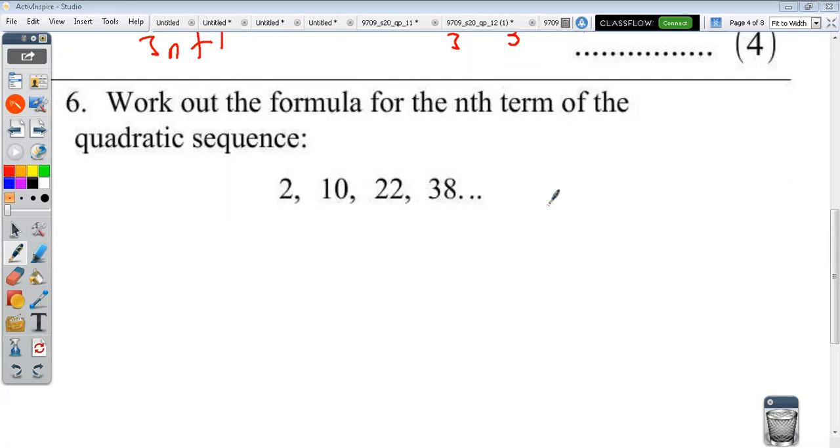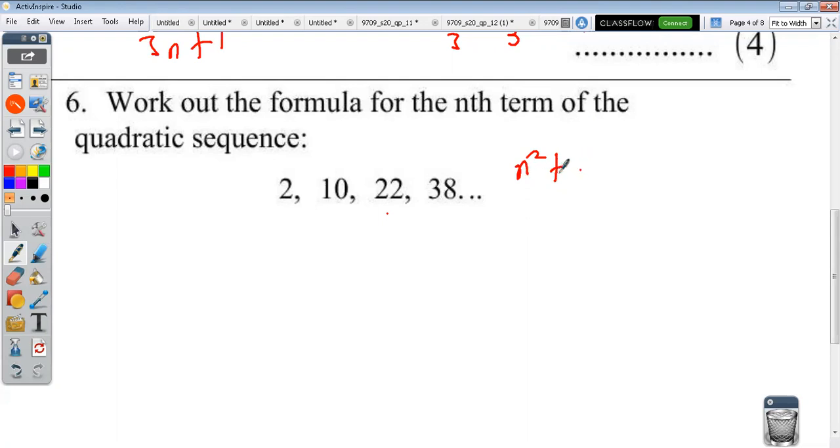N squared. N squared, yes. Plus or minus, I'm waiting for the other part. Plus. I think your volume was low.